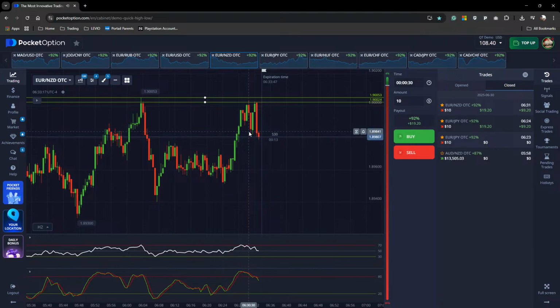Okay, so this, as you can see, and that's why I like the 30 seconds, is that sometimes the combination of your trade will be the end of the first candle and the beginning of the second candle. It's not necessarily one candle.